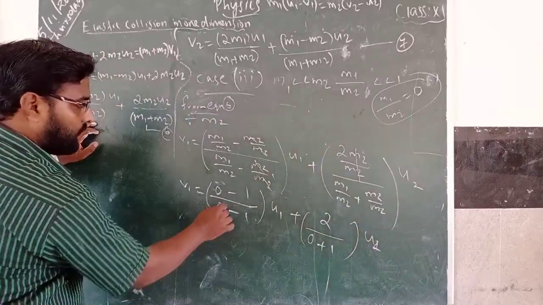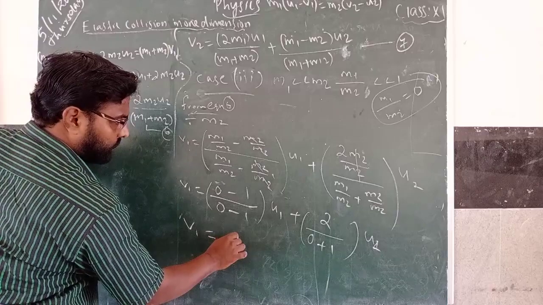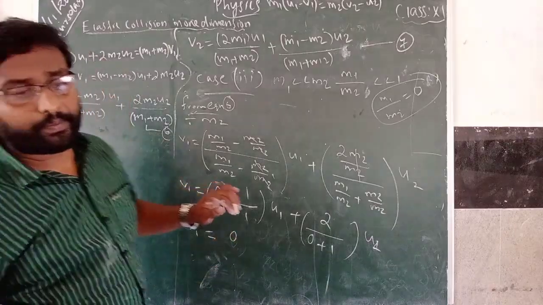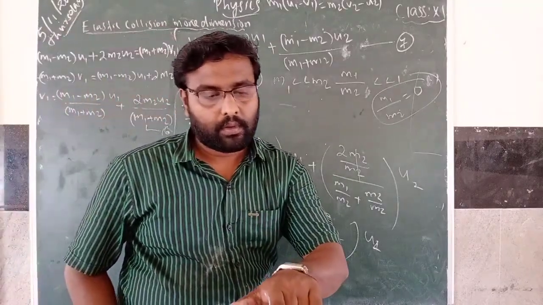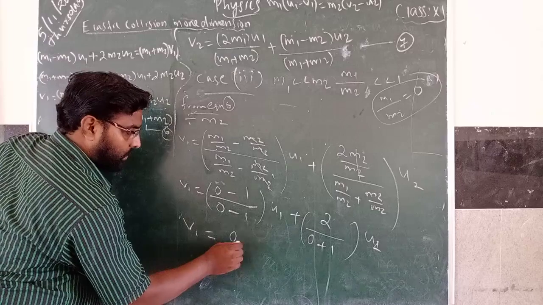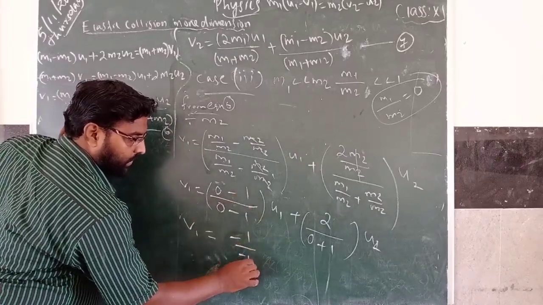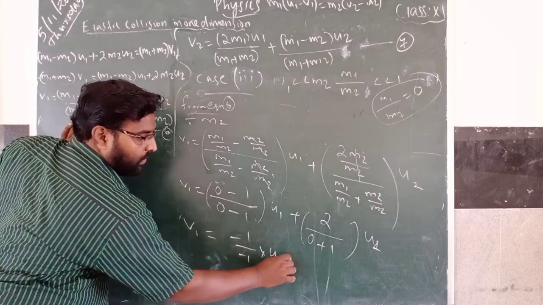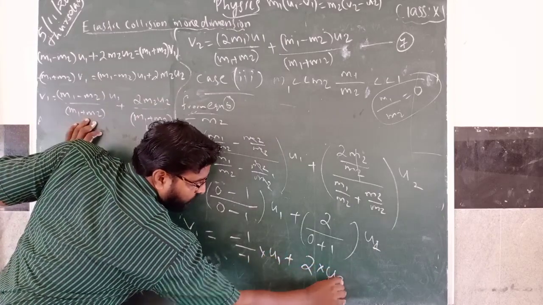So what will we get? V1 is equal to 0 minus 1 divided by minus 1 into U1 plus 2 into U2.